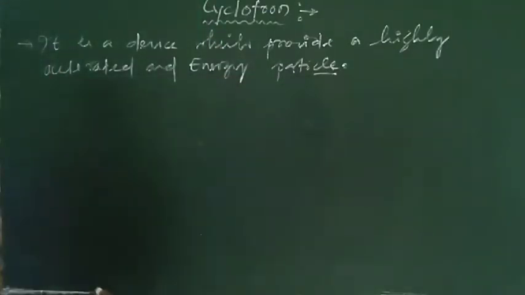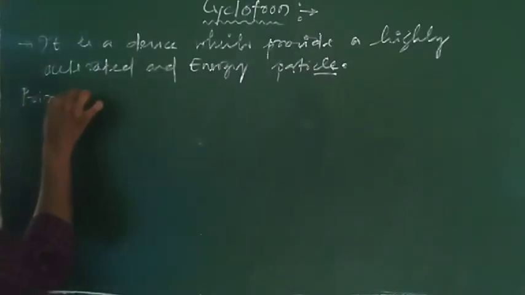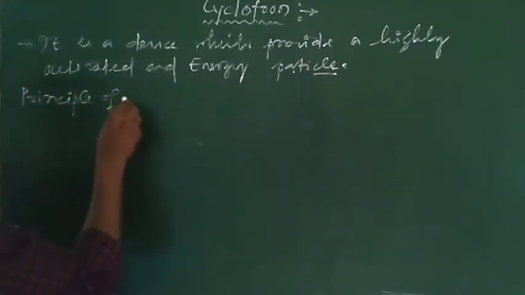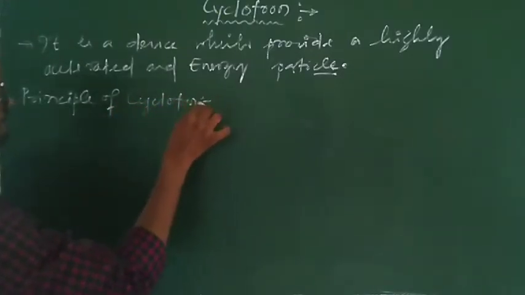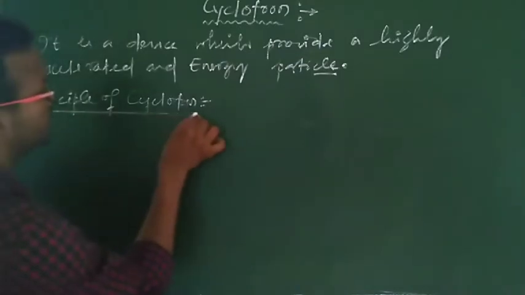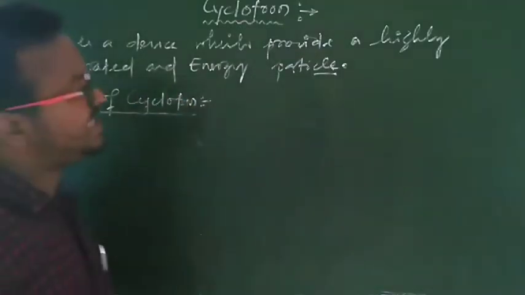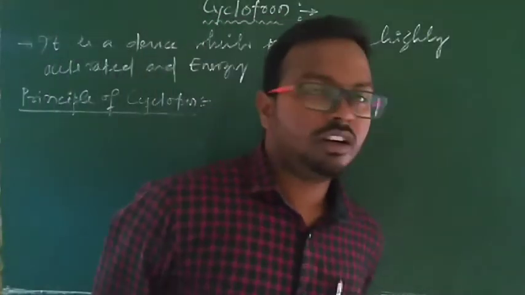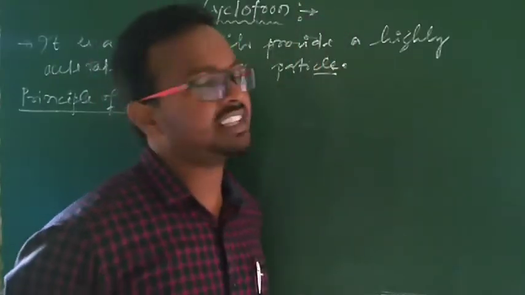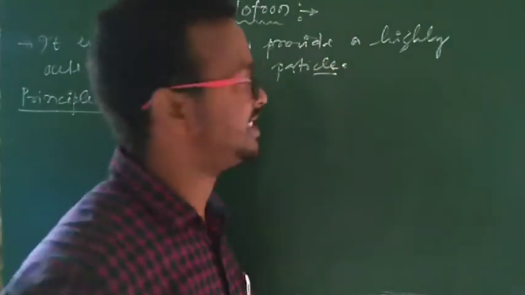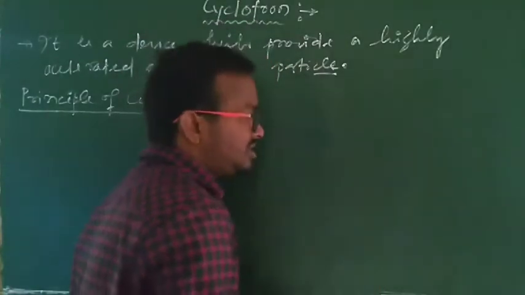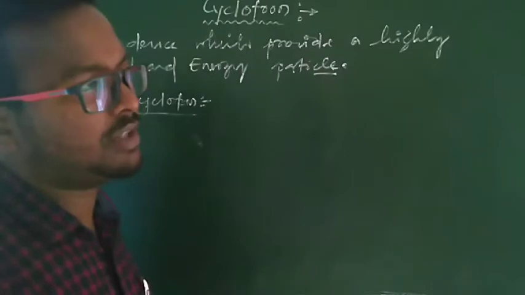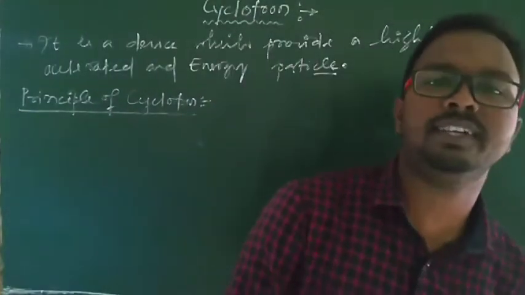So what is the principle of cyclotron? In this case, we need a highly accelerated and highly energetic charged particle. We know the concept of electric field and magnetic field. What is the general meaning of electric field?